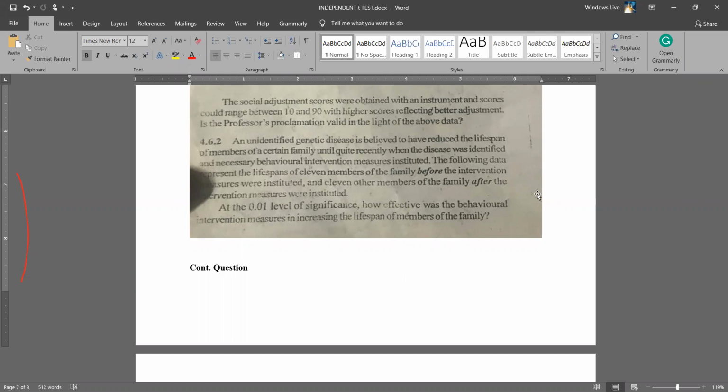So this is really key. You could see that they first sampled 11 members of the family before. Then afterwards, they sampled 11 other members, so different members, not the same members.